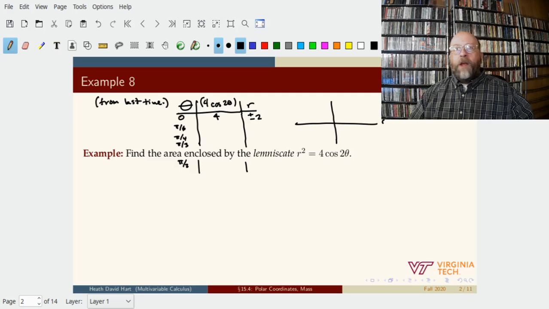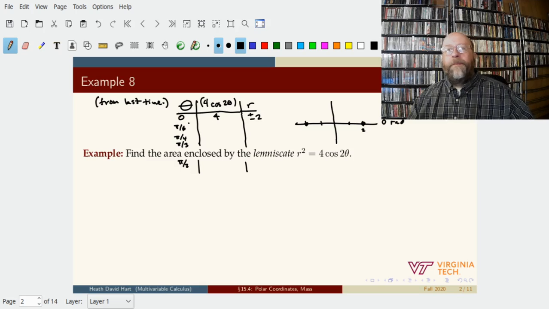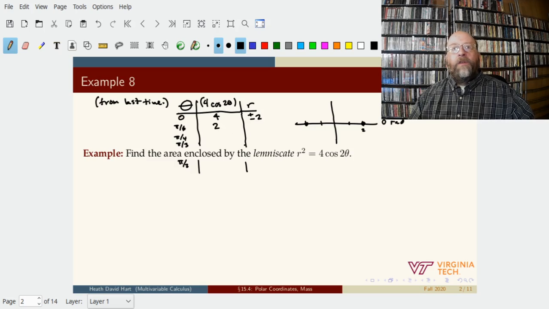when our angle is 0 degrees, or actually 0 radians, we get a radius of plus 2 and minus 2. And so these 2 points are on our shape. When theta is pi over 6, then we're taking the cosine of pi over 3. Cosine of pi over 3 is 1/2, and 4 times 1/2 is 2.